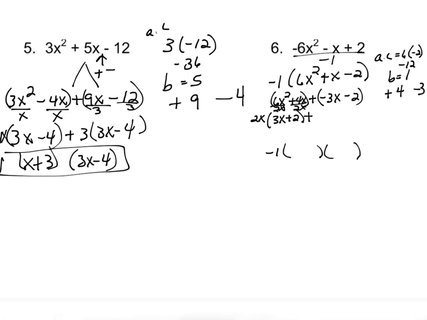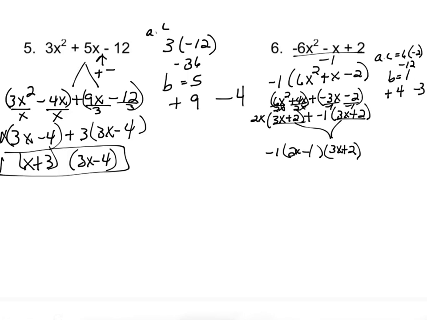Now in the second set, I have negative 3x minus 2. I don't want the first term, I don't want the 3x negative, so I factor out a negative 1, which leaves me with 3x plus 2. Again, what's in these parentheses should be identical if you've done this correctly. So we have 3x plus 2 and the other factor is 2x minus 1.